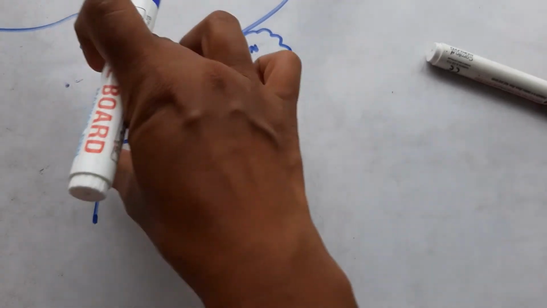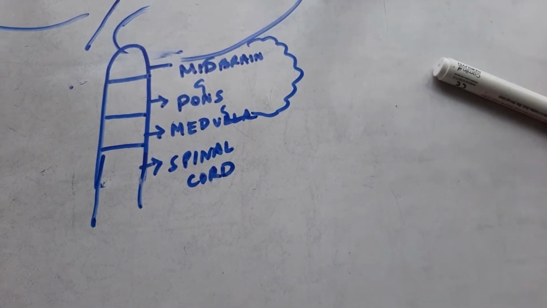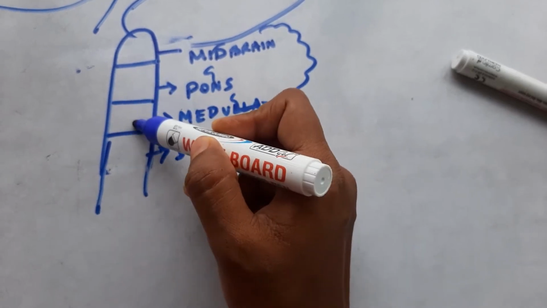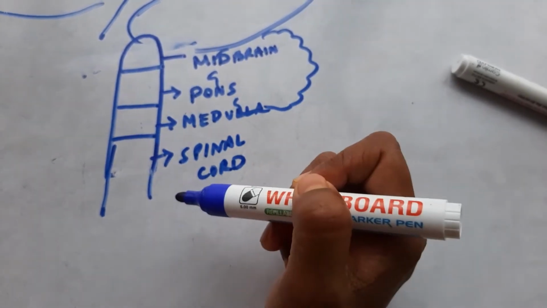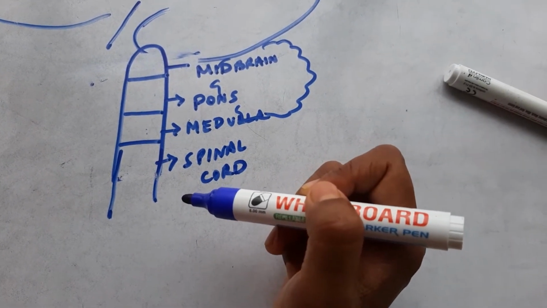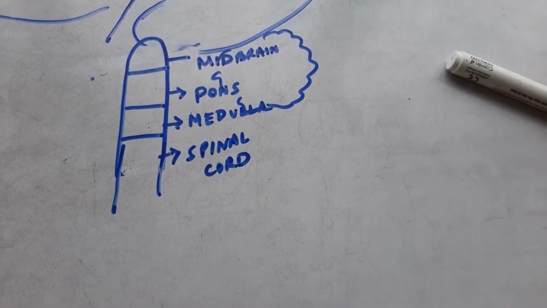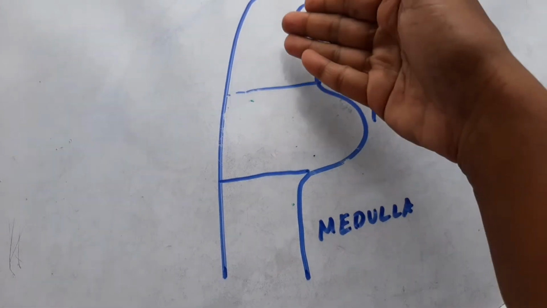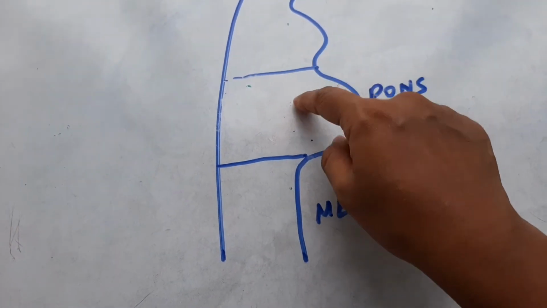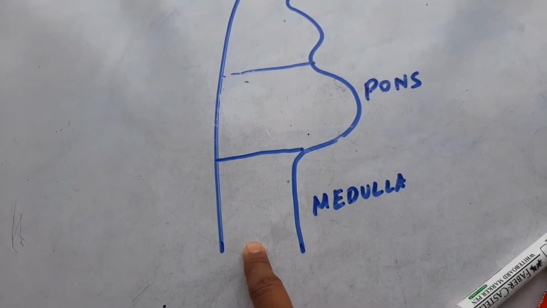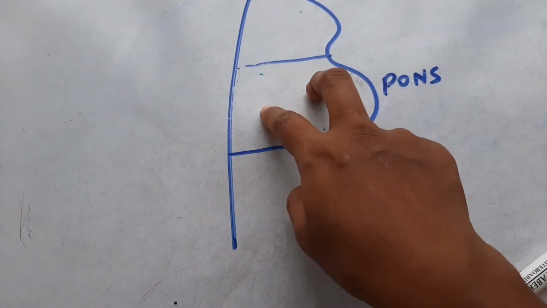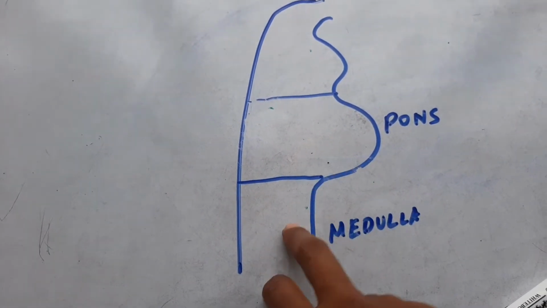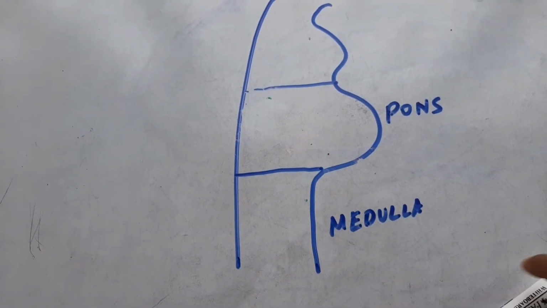So the main centers for the regulation of respiration are located in these two areas, the pons and the medulla. Let's look into it. Here our study is focused on the brain stem that includes the midbrain, the pons and the medulla oblongata. In the pons and the medulla oblongata, there are a few centers that regulate the rate of respiration.